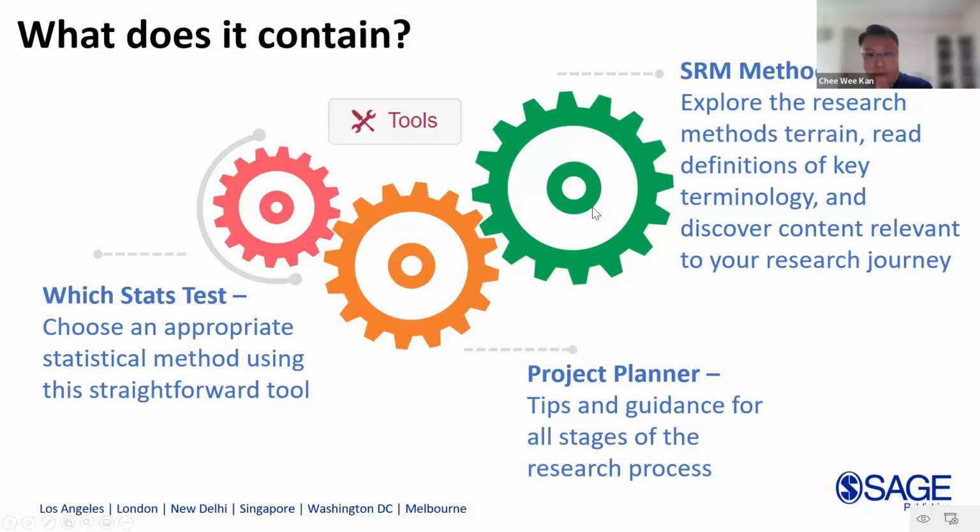Now, the methods map itself is a visualization tool to help understand the relationship between the different research method concepts. This methods map is a tool designed to help the students, researchers and users understand how method concepts relate to one another.